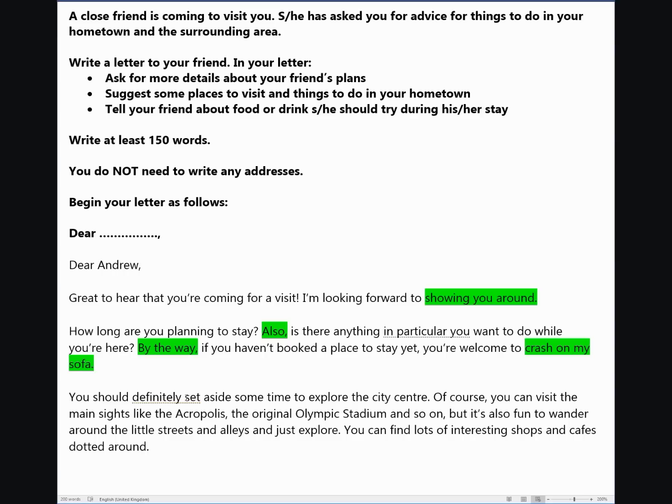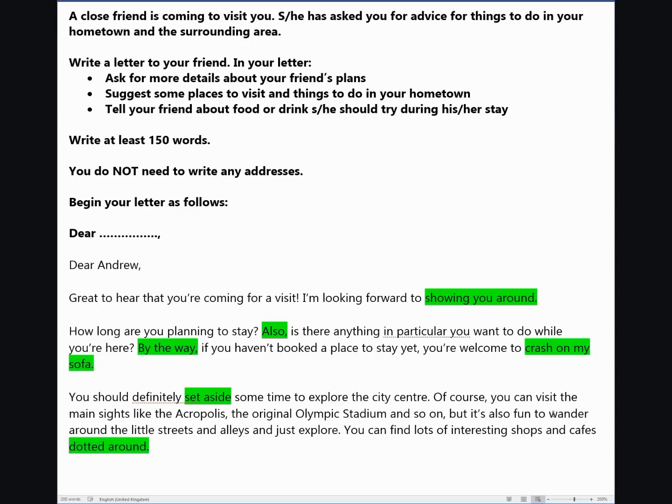Again, I'm focusing more here on vocabulary and just trying to use a range of stuff because, like I said, it would be very easy to complete this task using very simple language.